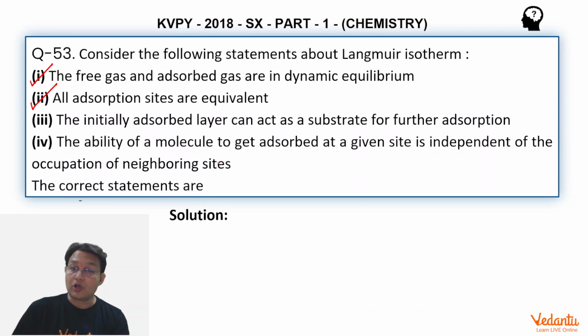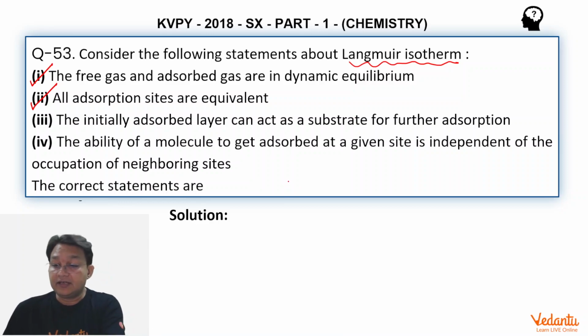The initially adsorbed layer can act as a substrate for further adsorption. No, because this will lead to multi-layer adsorption, and in Langmuir adsorption isotherm, we consider only single layer adsorption.